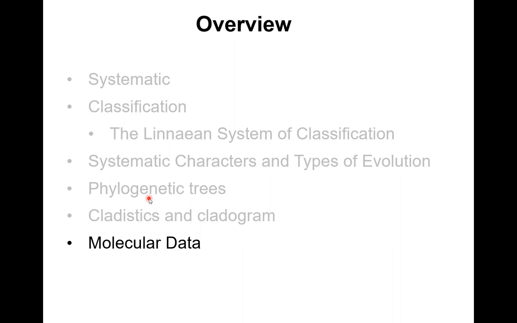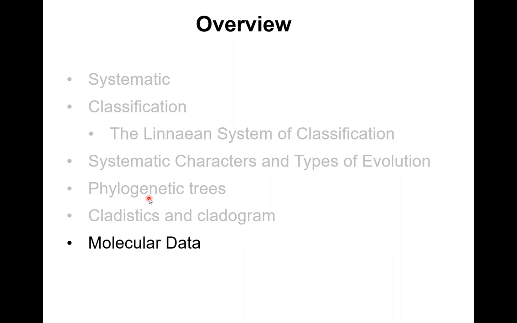The last part of this lecture is talking about molecular data. As I mentioned before, what we discussed until now is based on morphology ultimately. Morphology obviously has to be related to some genetics, so it has to reflect genetic characters and ultimately should reflect the type of evolution taking place.